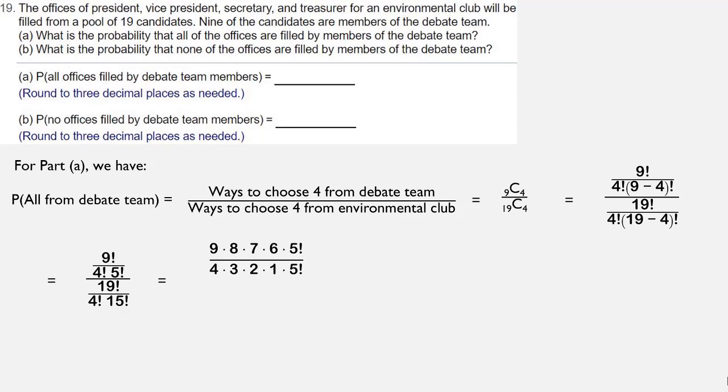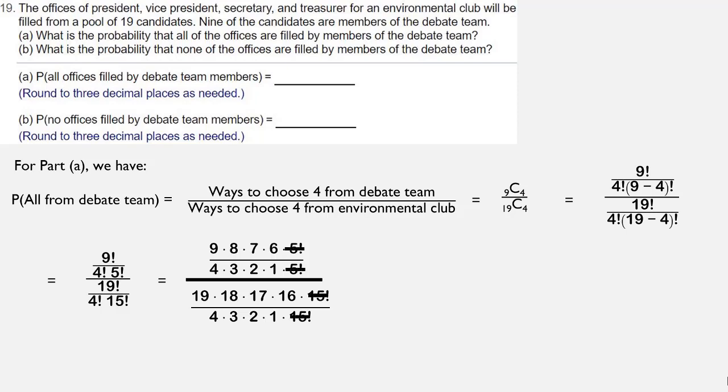We get 9 times 8 times 7 times 6 times 5 factorial over 4 times 3 times 2 times 1 times 5 factorial. And then in the denominator, I'm going to expand the 19 factorial until I see the 15 factorial. So that's 19, 18, 17, 16, 15 factorial divided by 4, 3, 2, 1, 15 factorial.